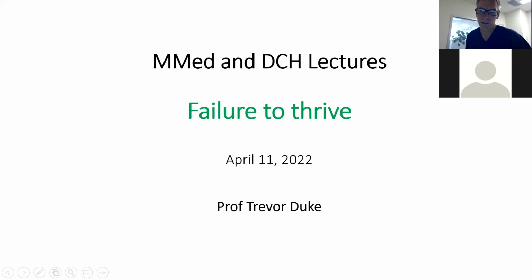Welcome everyone to today's paediatric teaching. Today I thought we'd talk about failure to thrive. We often talk about failure to thrive in different terminology. We sometimes just call it severe malnutrition or severe acute malnutrition, or these days SAM or MAM, moderate acute malnutrition.